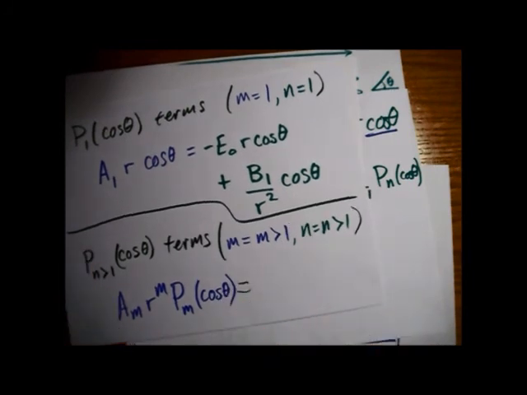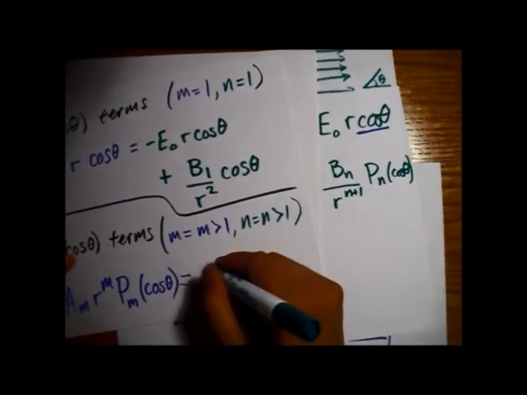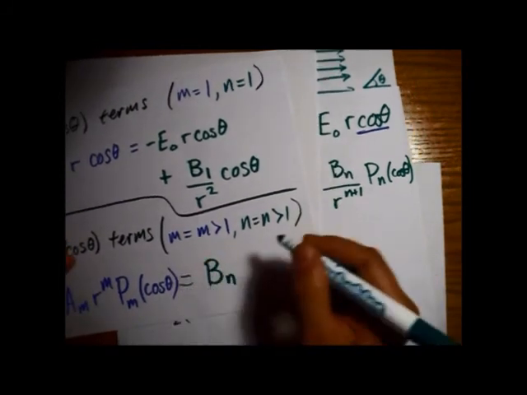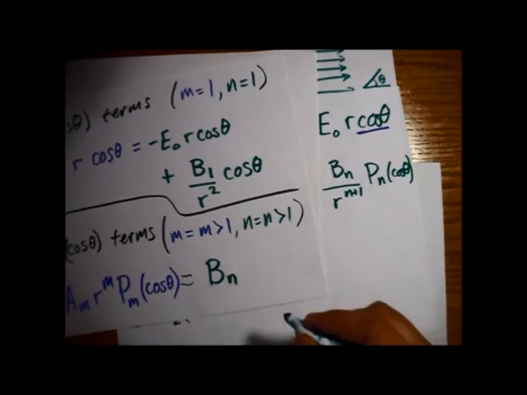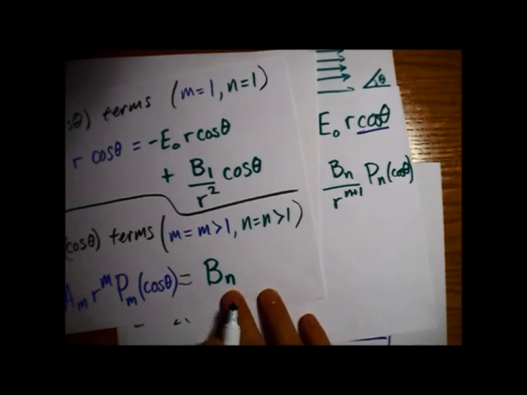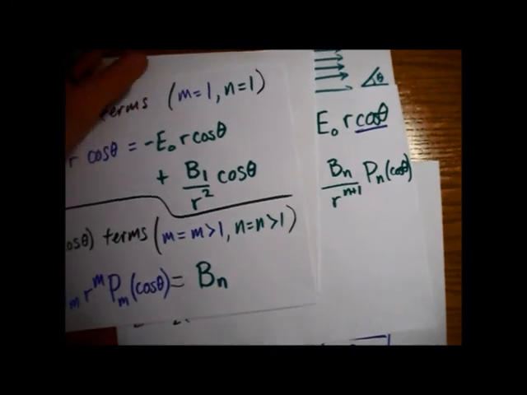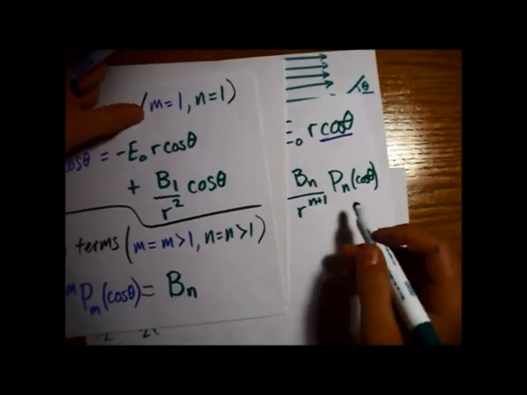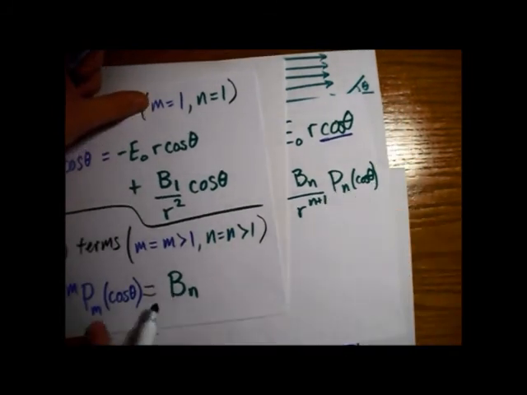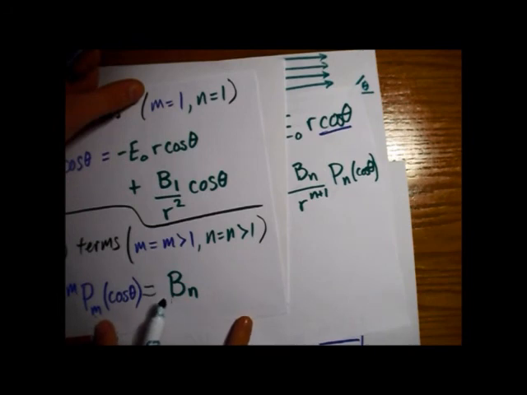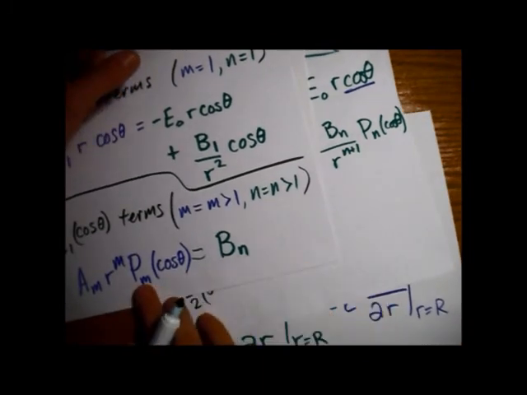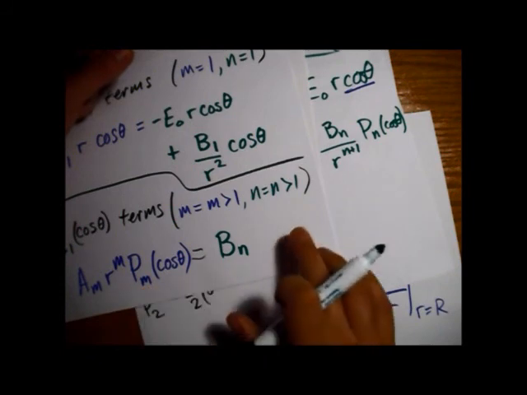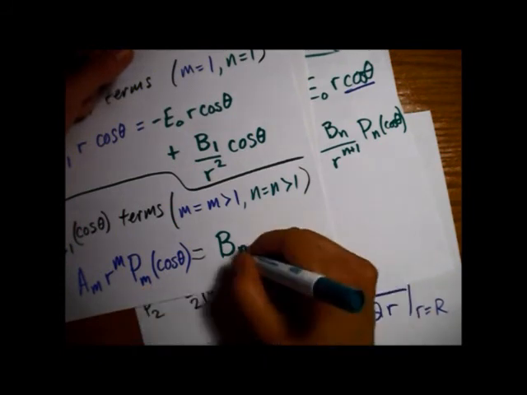They're equated term by term. So here we have a b sub n over, and I'm going to go ahead and switch to an m on this side. And why can we do that? Because these Legendre polynomials are going to be equal on each side, right? The Legendre polynomials are going to force P sub m to be equal to P sub n, so m is equal to n.